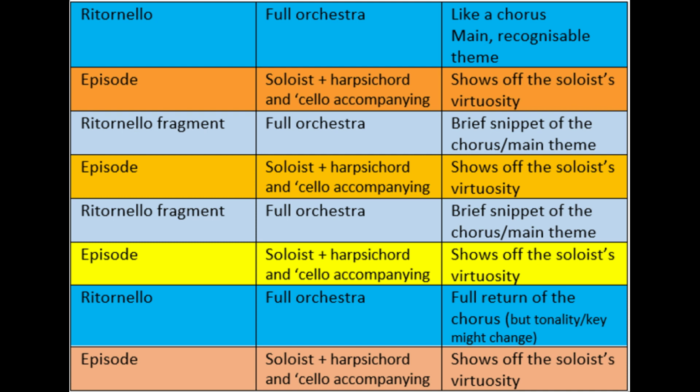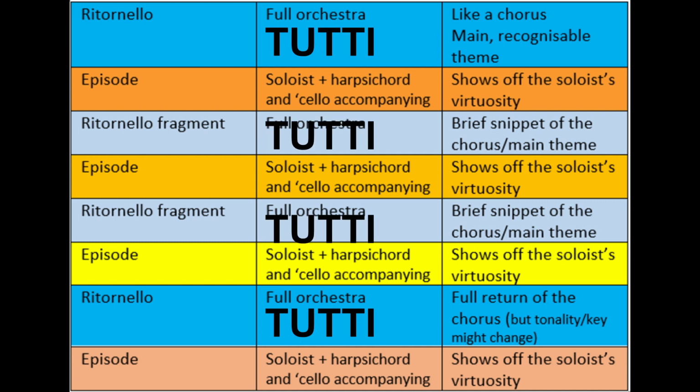And in the ritornello sections, the final Italian word I want you to learn is the word tutti, and that means all. So when an orchestra is playing, if it's tutti, it means that the full orchestra are playing, and the ritornello section, the chorus section, would always be the full orchestra, because that sounded the grandest and the loudest and the most important, and that was playing out our theme.